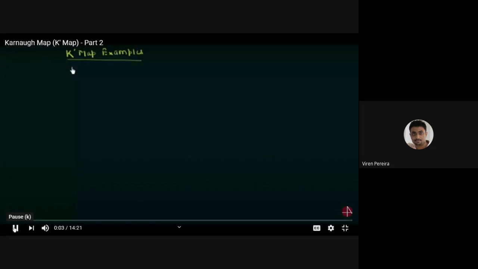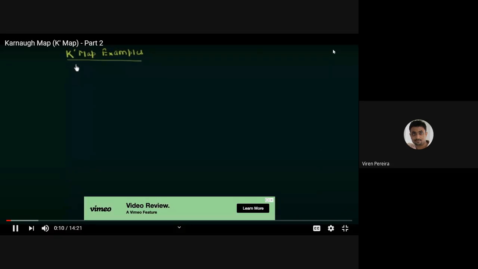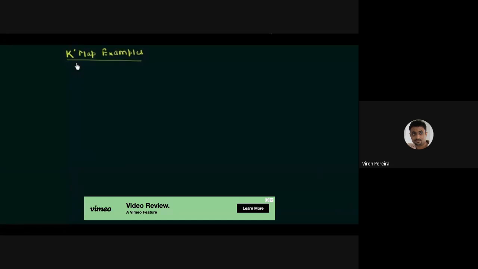In the last presentation, we completed the introduction about the K-map. We saw how it is beneficial to use the K-map in place of Boolean algebra.